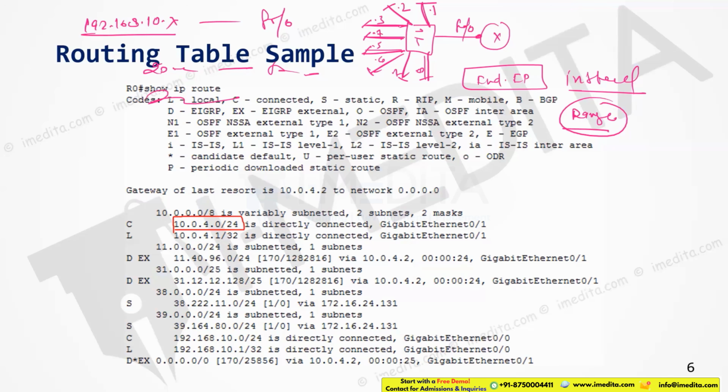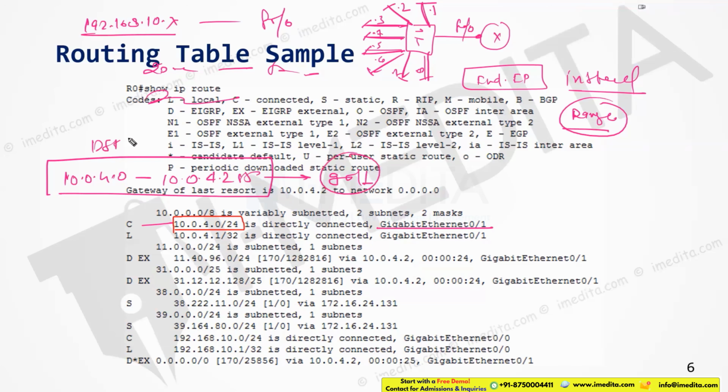Remember, a network ID and subnet mask will always give you a range. For example, this right here: if you want to go to any IP from 10.0.4.0 to 10.0.4.255, you can exit out of interface 0/1. These destinations are reachable.